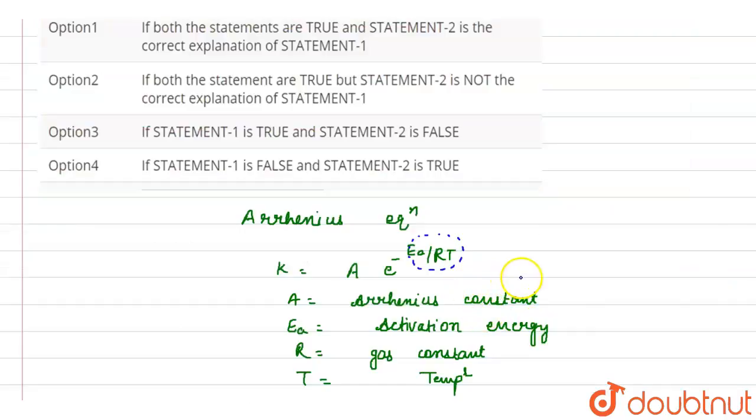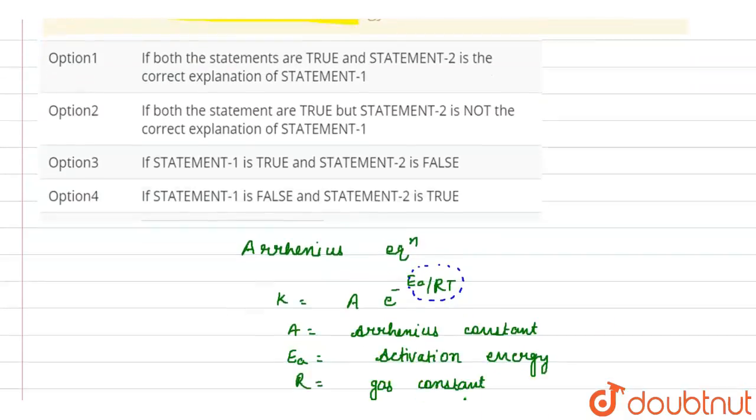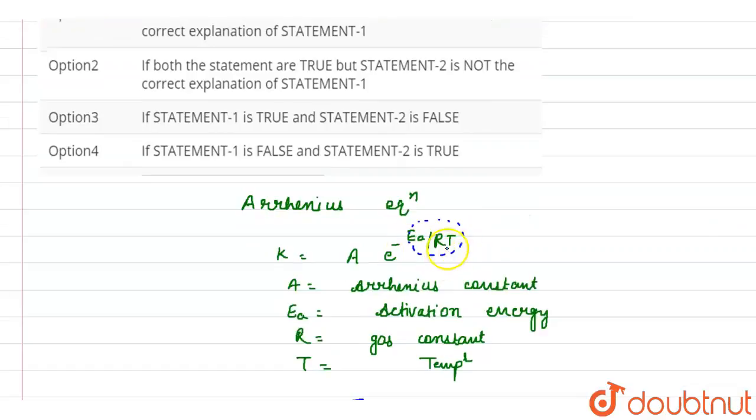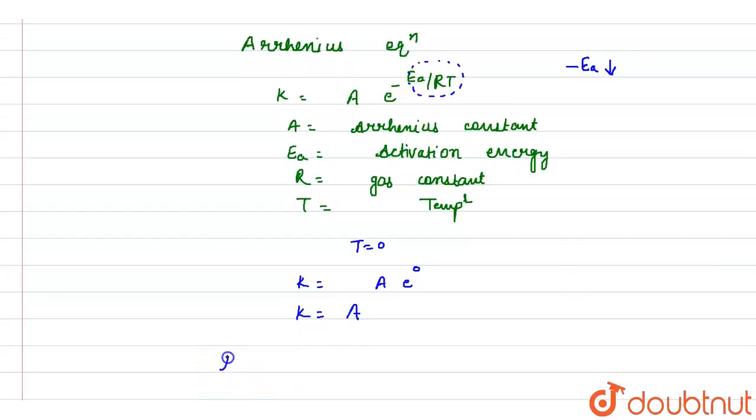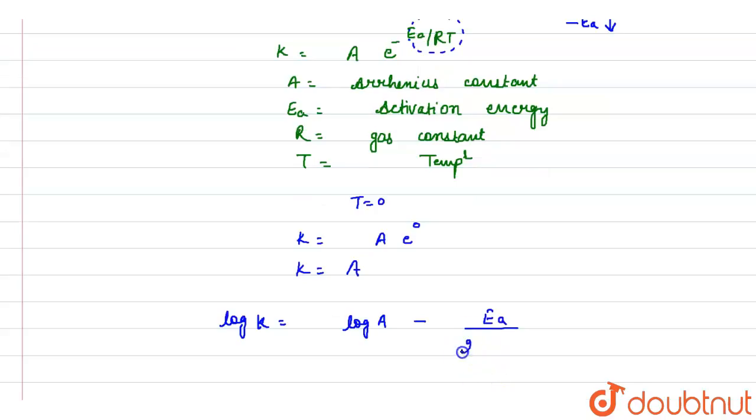When we consider this concept, let's take the log of both sides. If the value of EA is lower, taking log of both sides, it becomes log K equals log A minus EA upon 2.303 RT.